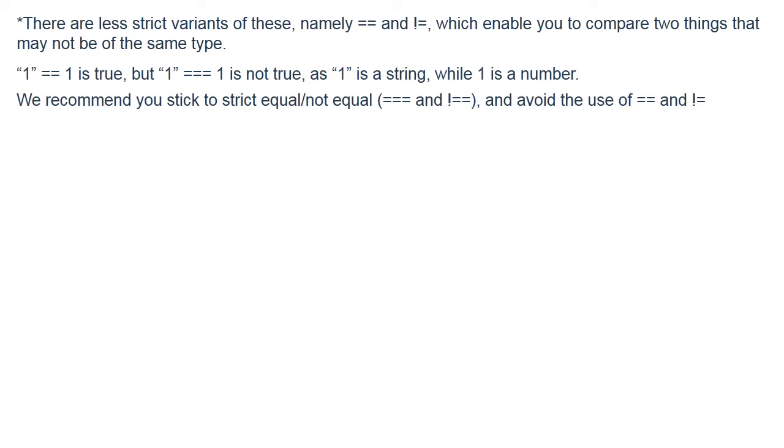For example, with double equality, 1 is equal to '1' is true, but with triple equality it is not true, as '1' is a string while 1 is a number. We recommend you stick to strict equal or not equal, and avoid the use of double equality and equal to with exclamation mark.